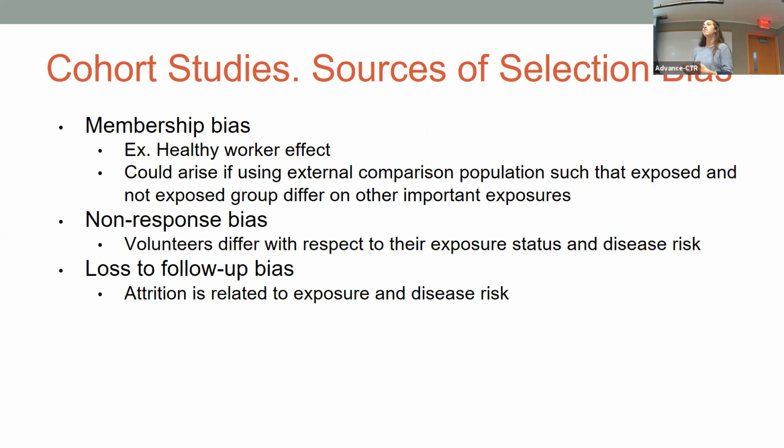If for some reason the intervention isn't having the effect on the person that they wish it did, like they're not losing the weight they want to be losing, then they might drop out of the study. And if the people who are dropping out are individuals who, let's say, aren't motivated, then when you calculate your relative risk, you're not taking into account that a lot of the individuals in the exposed group that remain are the motivated people, because the people who aren't motivated to do the exercise class just dropped out.